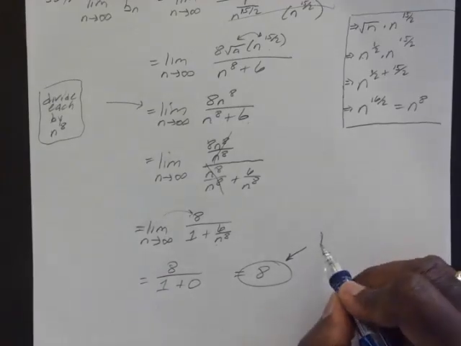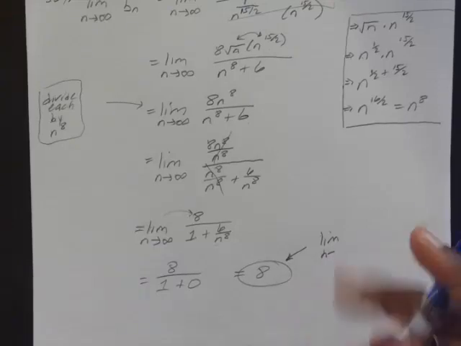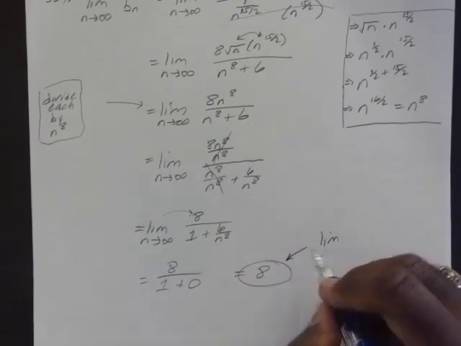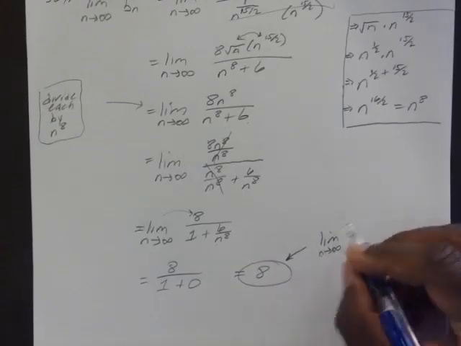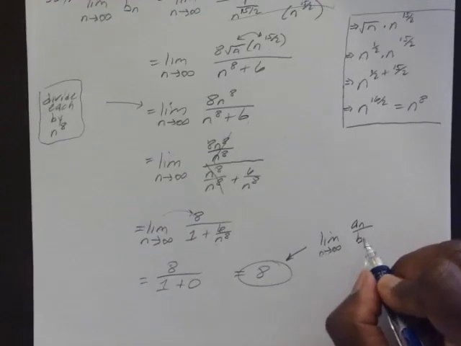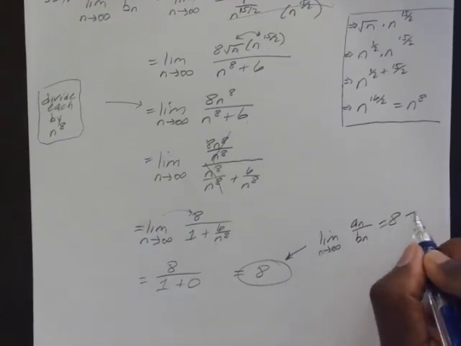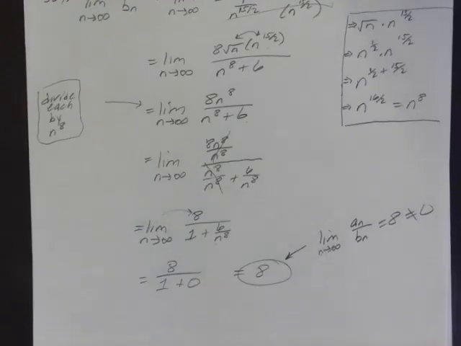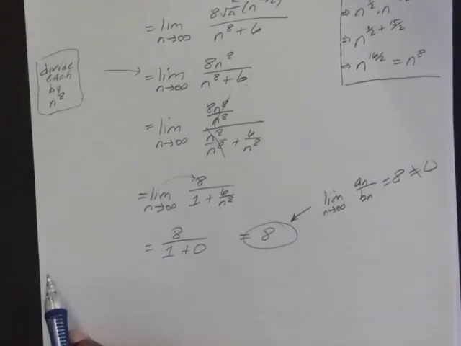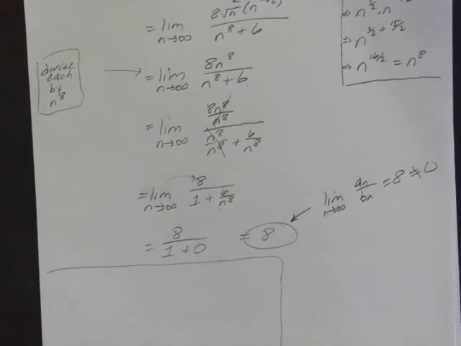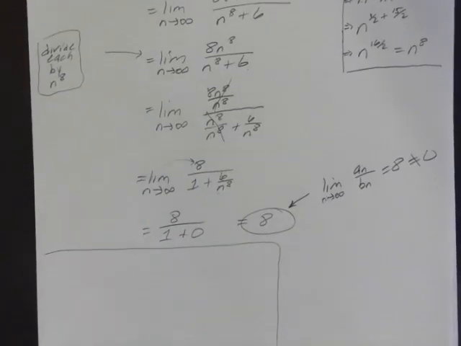Okay, so we can see here that the limit as n approaches infinity of a sub n divided by b sub n equals 8, which does not equal 0. Okay, they either both converge or both diverge. So we know it passes that test. So now all we have to do is pick one of them and find out whether they both converge or both diverge.